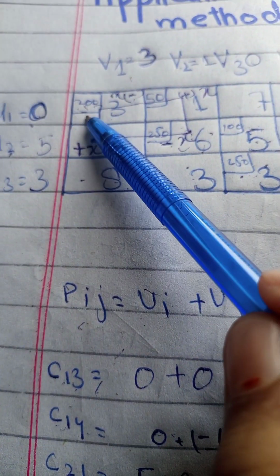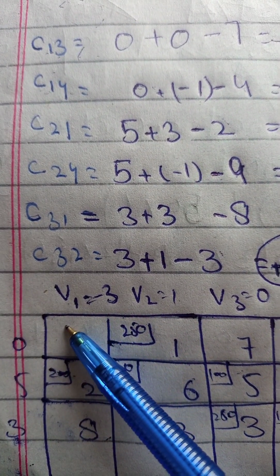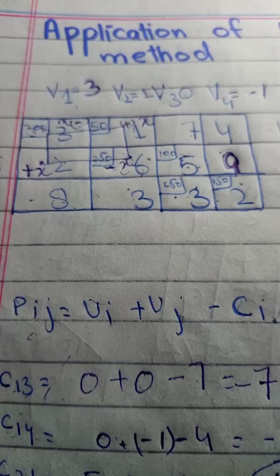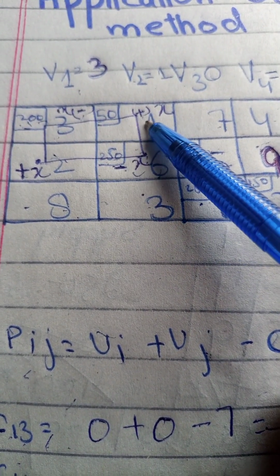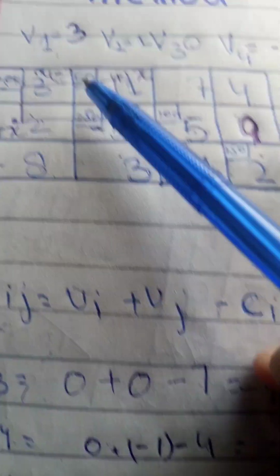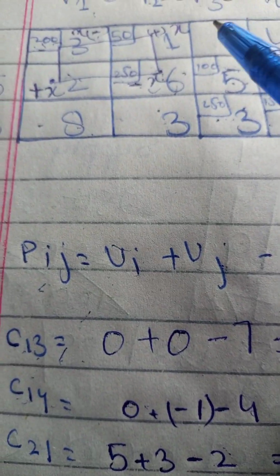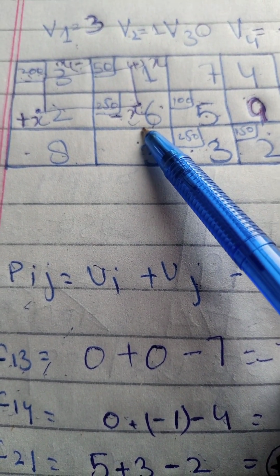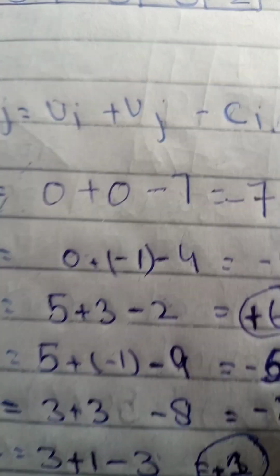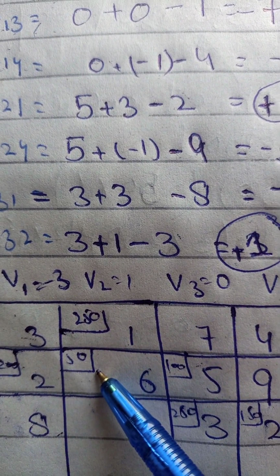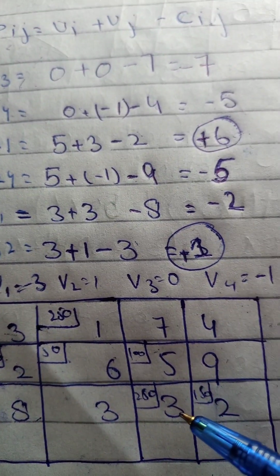The subtraction of 200 will cause 0, no allocation. Here is 50 allocation. Plus 200 will cause 250 allocation. Here is 250. 250 minus 200 will cause 50 allocation. All the other cells will remain the same.